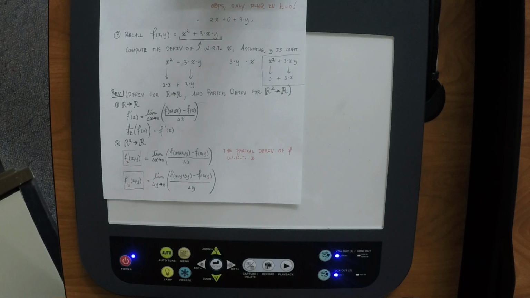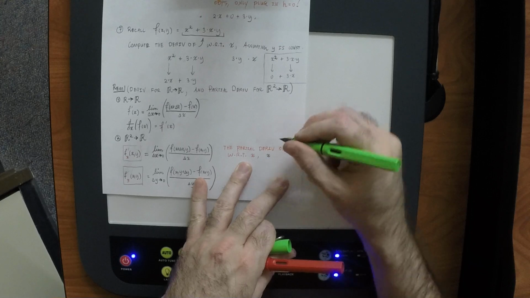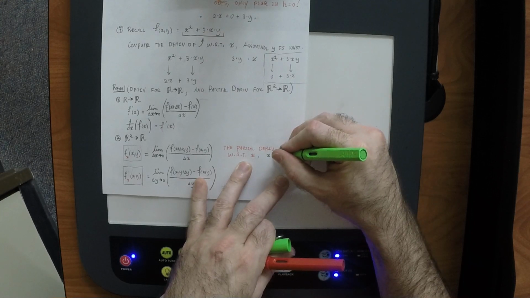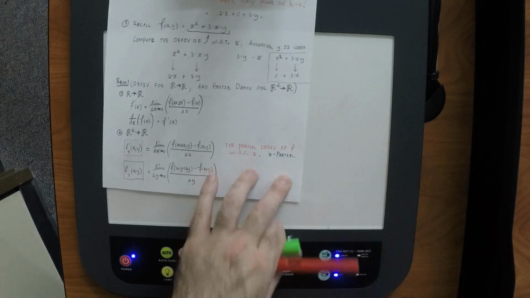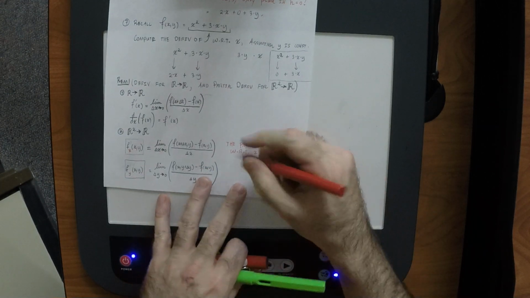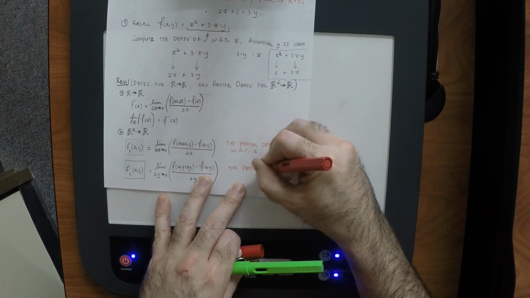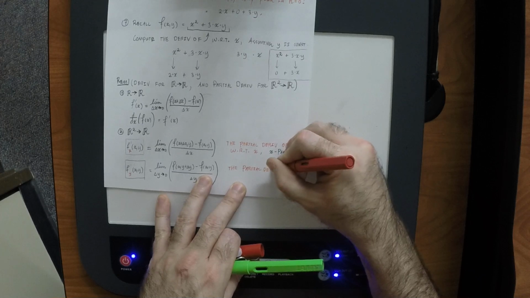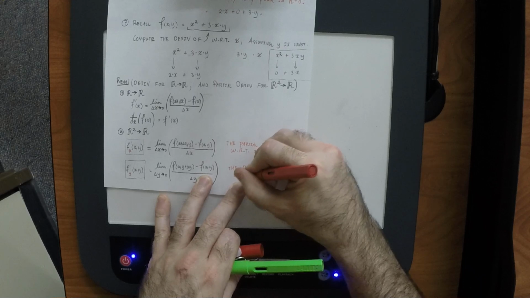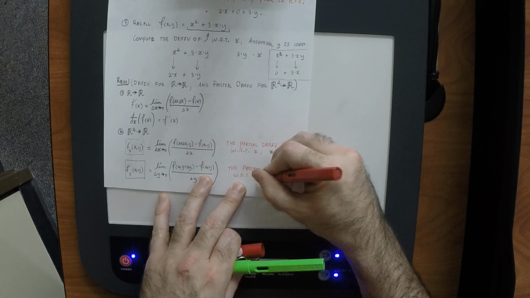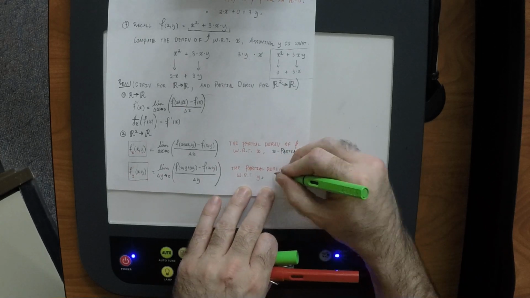You could also just refer to it as the x partial, if the rest of the stuff is understood. Similarly, this one is called the partial derivative of f with respect to y. And if the context is clear, it's usually just referred to as the y partial.